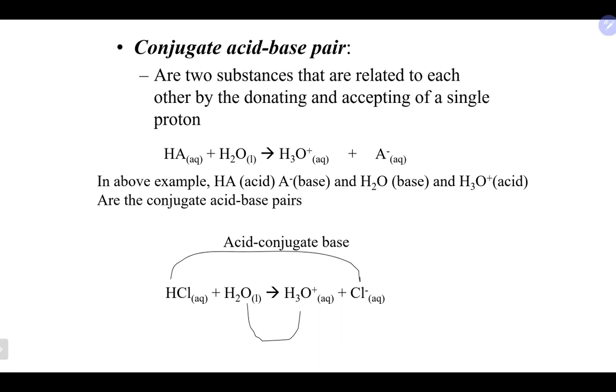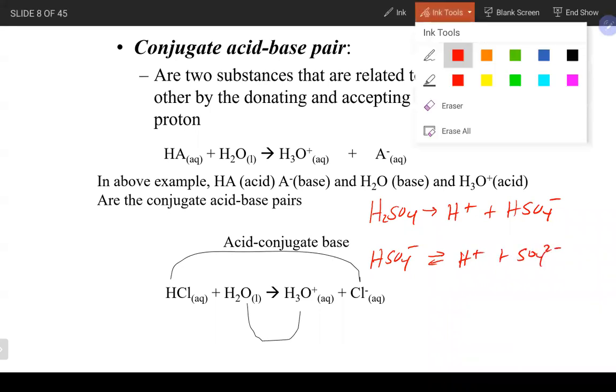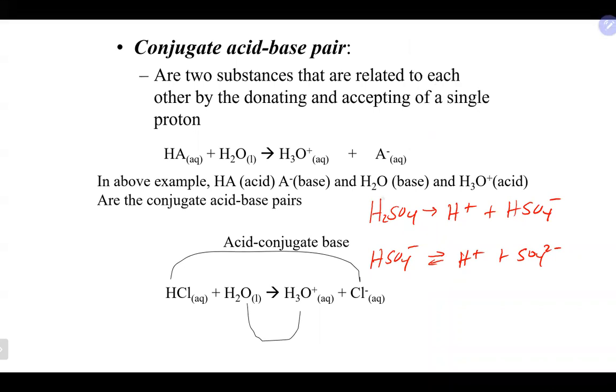That is why if we think about the sulfuric acid that we did a second ago with those stepwise reactions, the relationship is, this is an acid, and this guy here would be a conjugate base of each other, as the only difference between those two is one H plus.